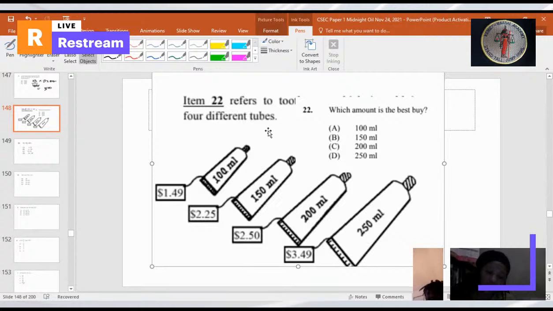And the $2.25 for the 150 milliliter, that's 0.015 per milliliter. So in other words, what we're working out is how many milliliters per cent.